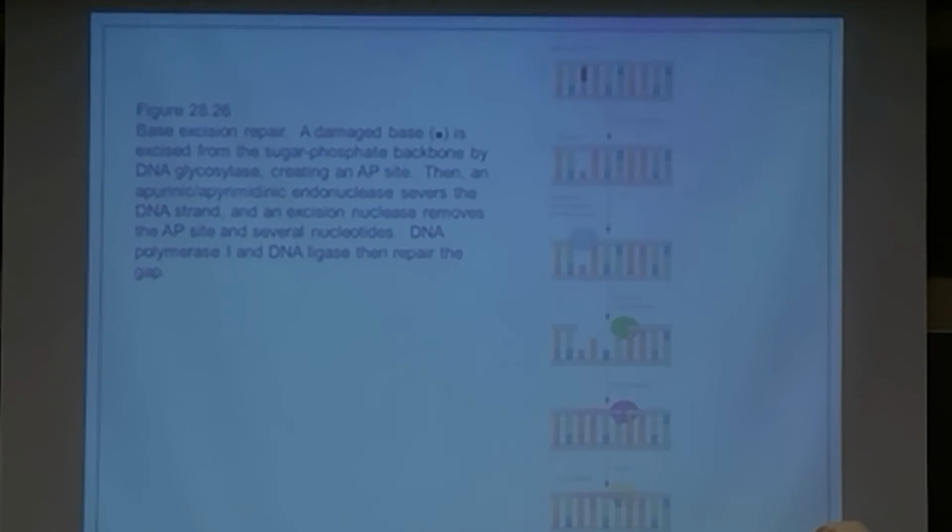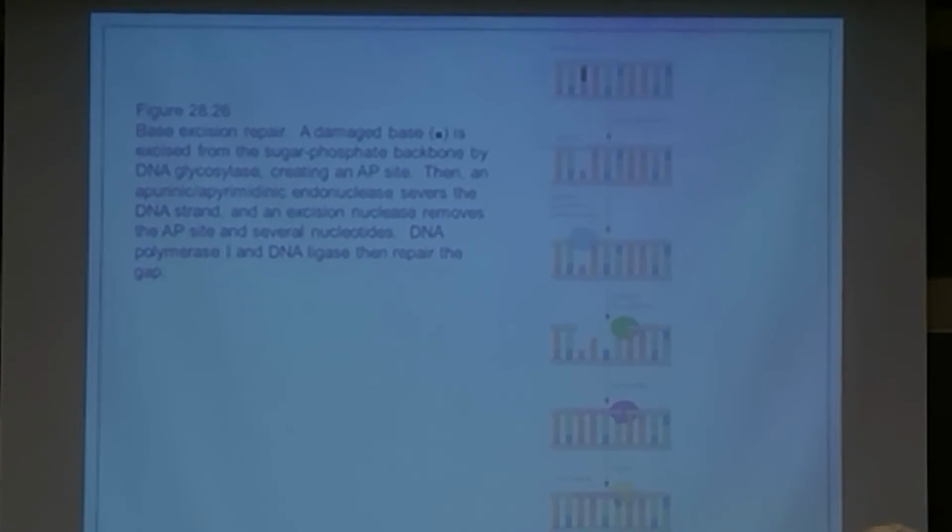So repair is a very important thing. There is base excision repair, which basically just removes the base. Sometimes there is nucleotide excision repair, which is called NER. That means you remove the nucleotide, correct, and do the job.